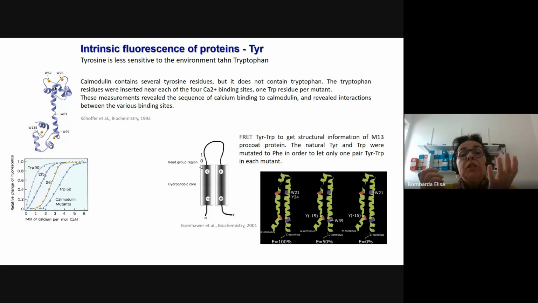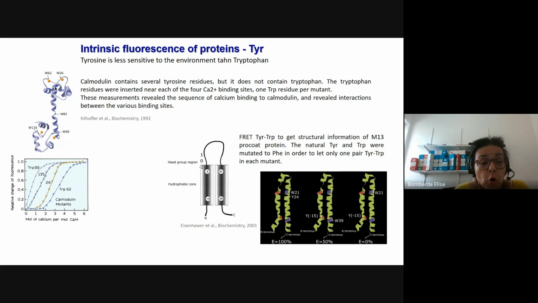So, what about tyrosine? As I said, tyrosine is less sensitive to the environment than tryptophan. Of course, it's possible to use tyrosine in many respects, but it is less sensitive.